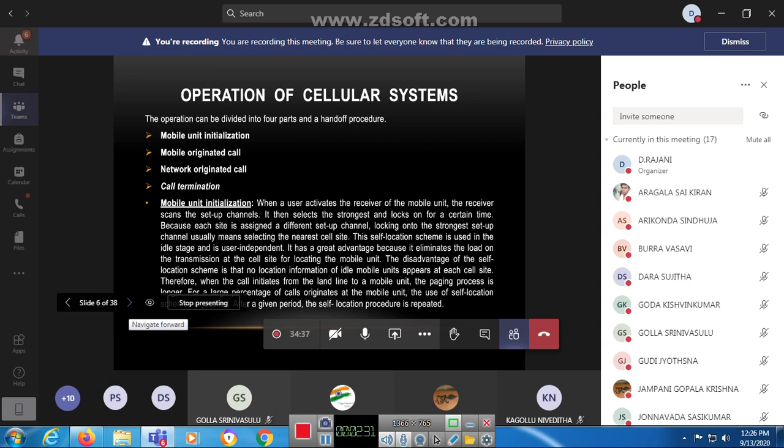So when it scans the channel, it is easy to forward the signals. First we initialize the mobile unit, then it will identify the channel, then receive and transmit to the other user.